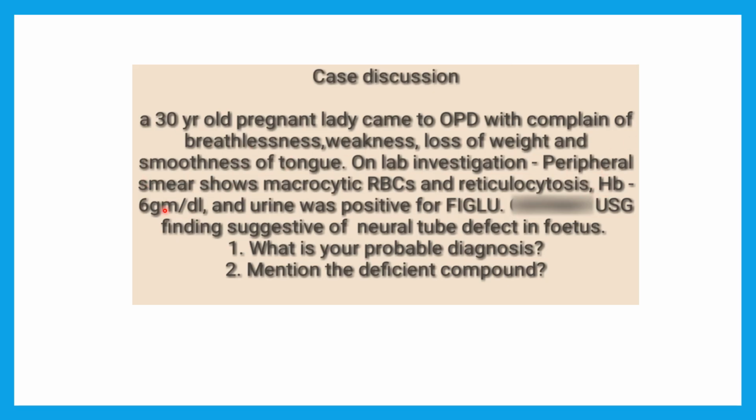Hemoglobin is 6 milligrams per dL. Urine was positive for FIGLU, formiminoglutamate. USG findings are suggestive of neural tube defect in the fetus. So what is your probable diagnosis? Mention the deficient compound so that you can easily crack this case. This clearly shows the deficiency of folic acid.